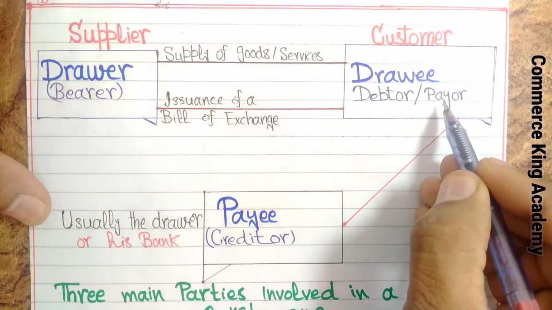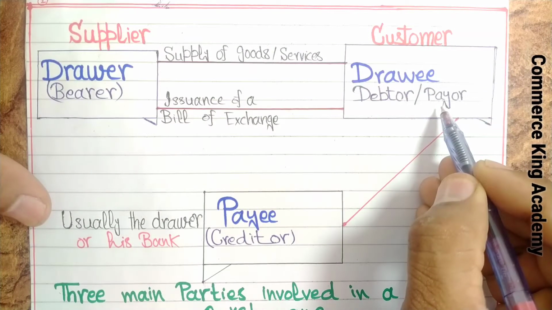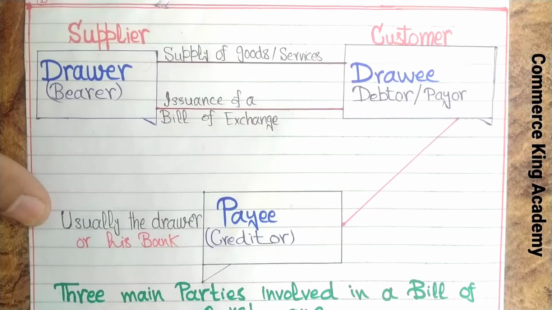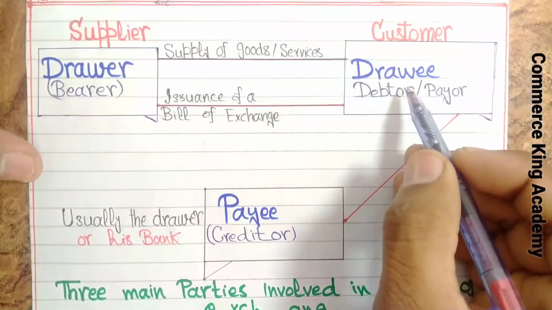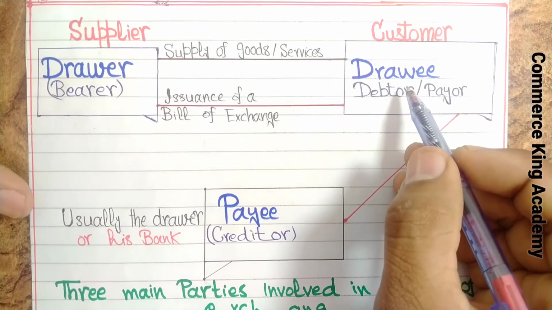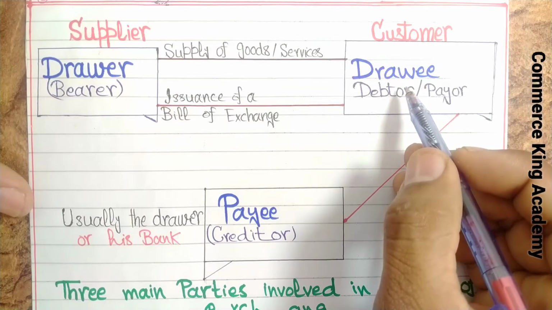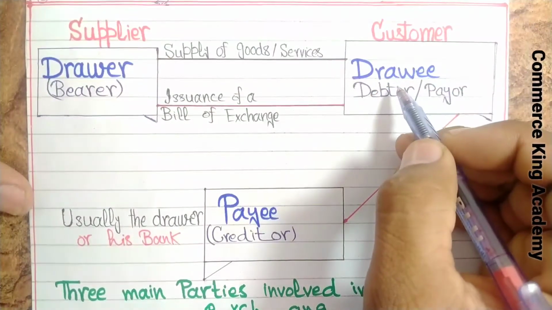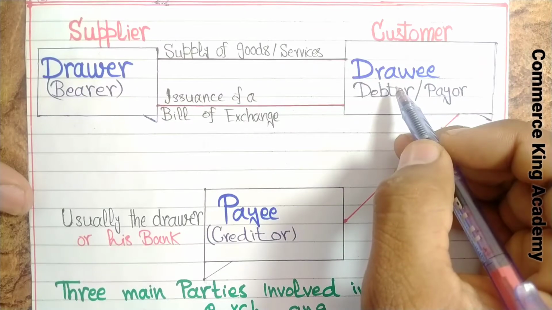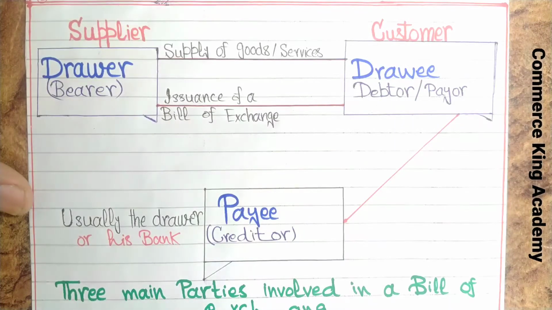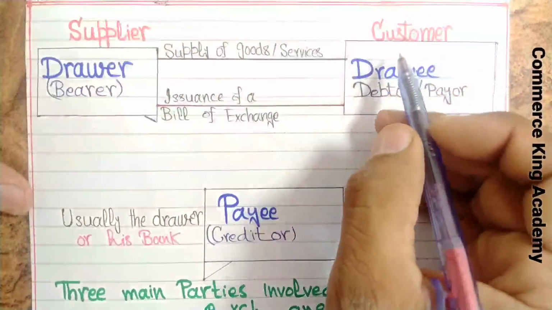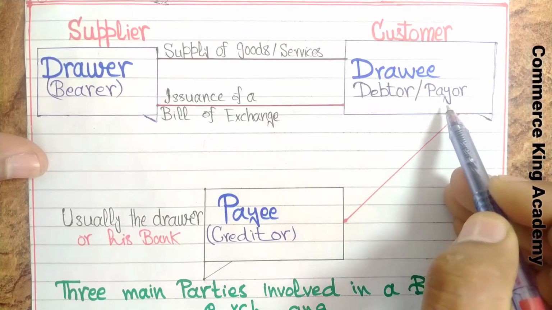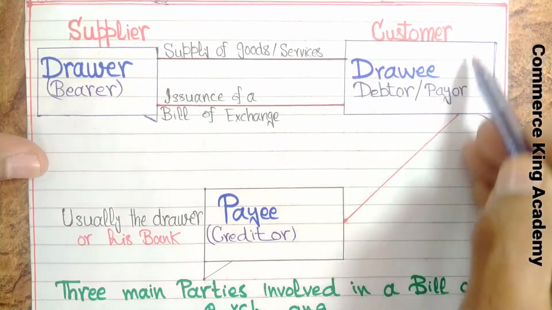This is the debtor or payer of the bill of exchange, and this is the creditor of the bill of exchange. Clear? In other words, the drawee is the other main party involved in a bill of exchange. He is directed to pay for goods or services received from the drawer. That's it about the drawee. We have cleared about customer, drawee, debtor, payer. This is the same person.